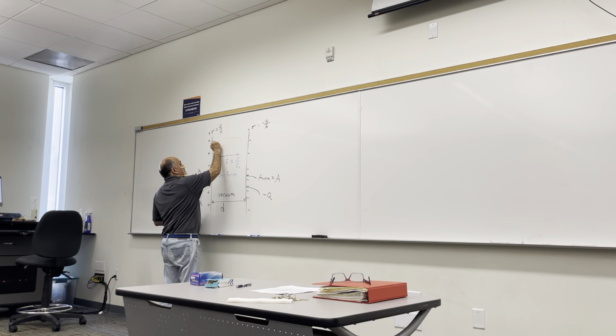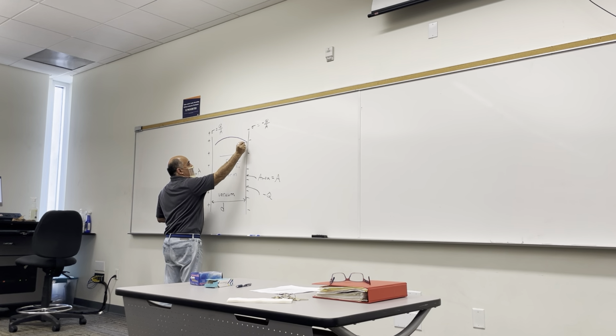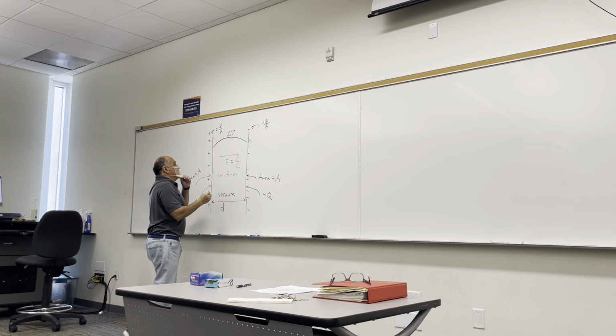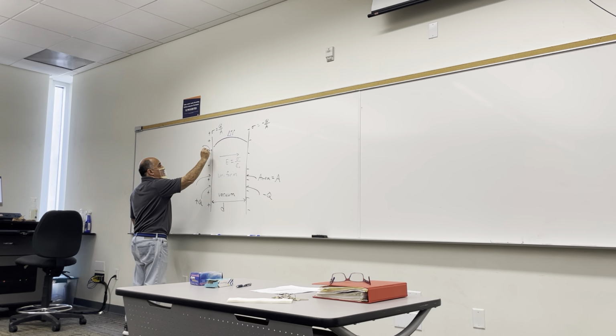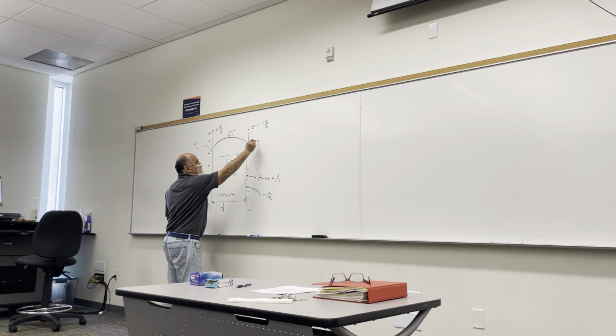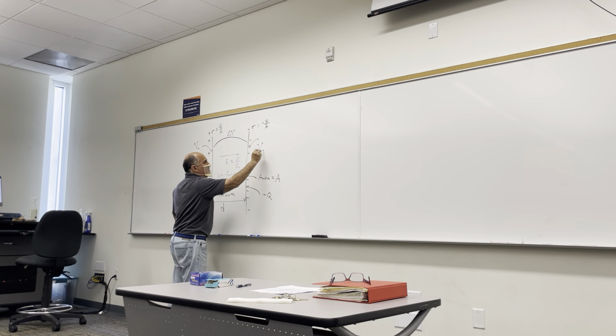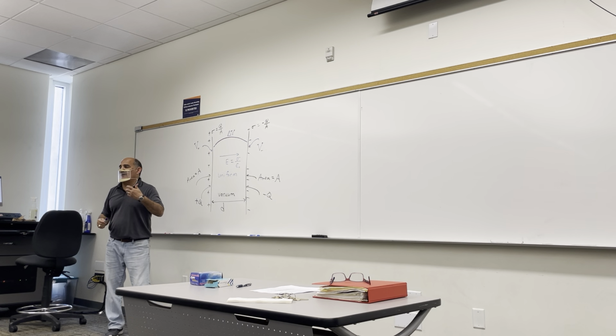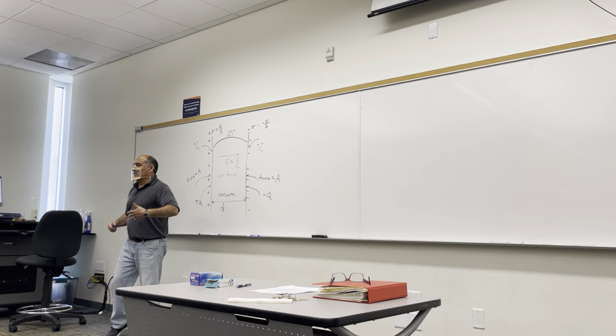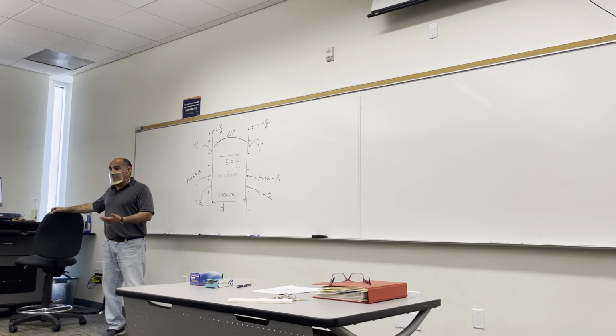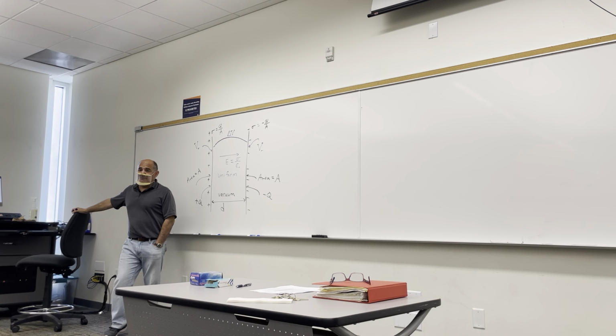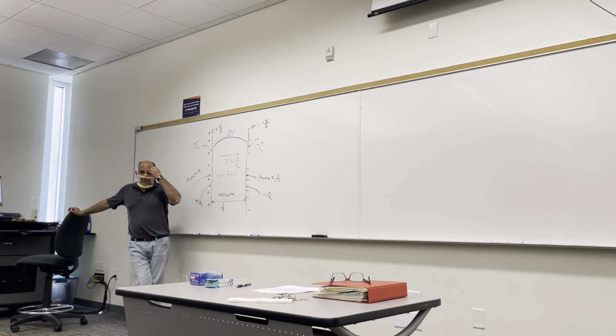So there's a potential difference between these two plates, delta V. So we could say that the potential on this plate is V plus, and the potential on this plate is V minus. Which of those two plates is at the higher value of electric potential? The positively charged plate or the negatively charged plate? The positively charged plate, correct.